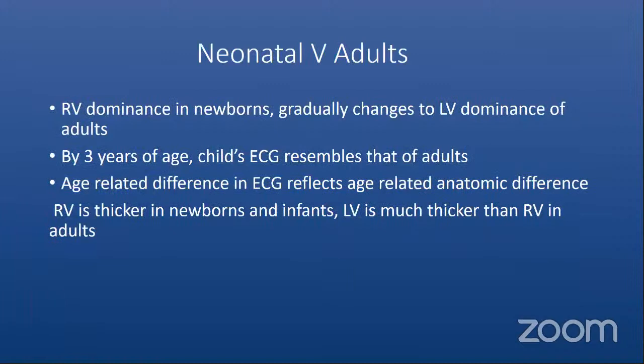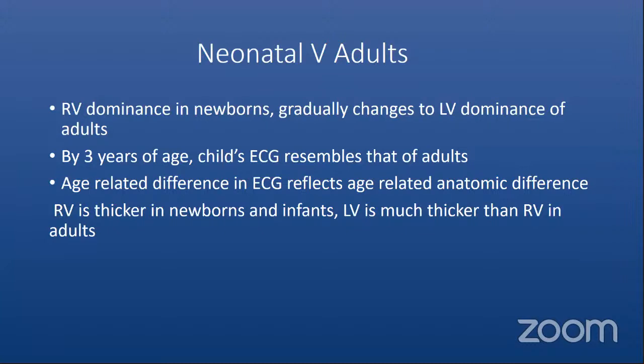So what are the differences between the neonatal and the adult or older children ECGs? There are some anatomical differences because during the fetal circulation, the right ventricle is mainly pumping and giving more blood to the lower part of the body, and the left ventricle is only pumping blood to the head and neck vessels.